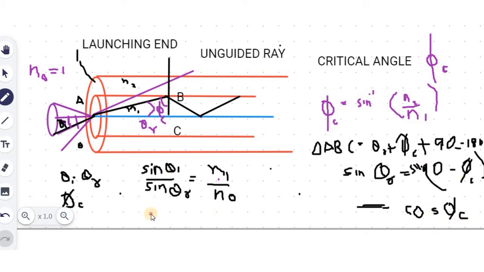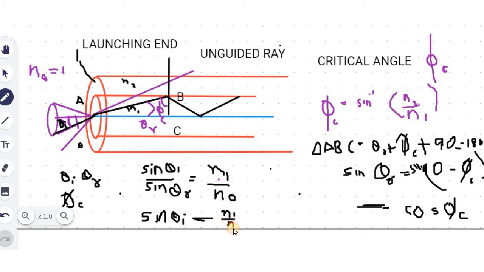So sine theta I is equal to n1 by n0 into cos phi c. Just write it down.